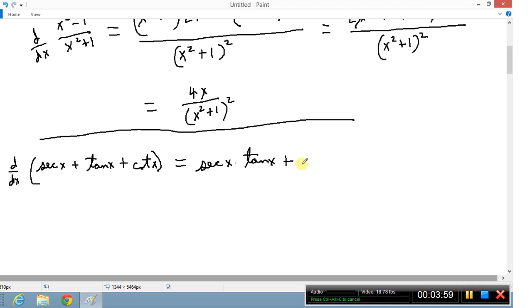Then the derivative of the tangent is secant squared of whatever, x in this case. And the derivative of cotangent is minus cosecant squared. And that's good enough. I mean, there isn't anything that's going to cancel off completely. Sure, you could probably find a common denominator, but not worth it on a test.